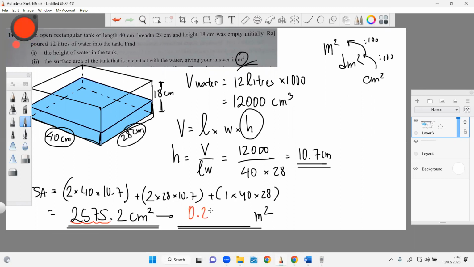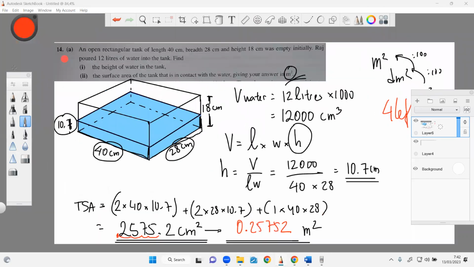So 0.25752, or 0.258 meter cube. Meter squared, sorry. Okay, this is the working.